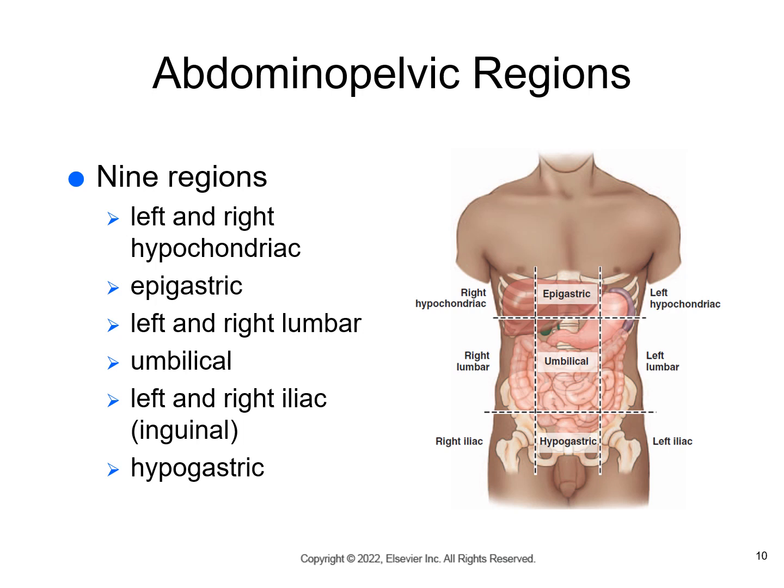Epigastric is above the stomach, which is what epigastric means, and then the right and left lumbar are the middle sections on either side. The umbilical is in the center, which would also coincide with over the umbilicus. The right and left iliac are the bottom right and left, and the hypogastric are below the stomach.